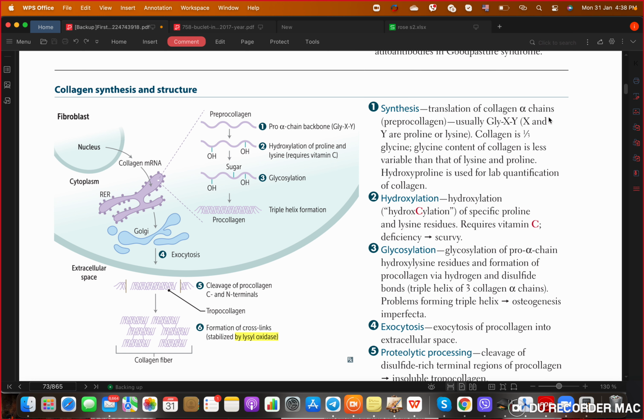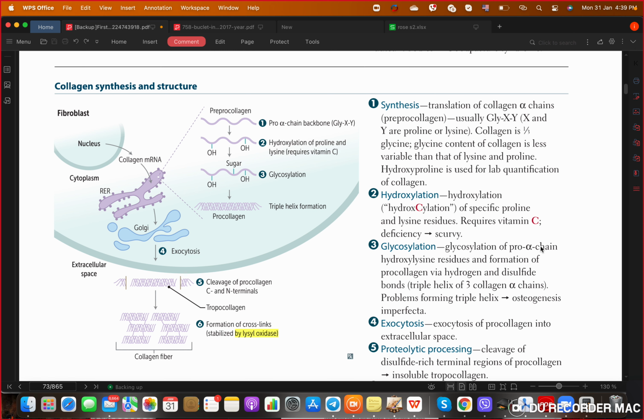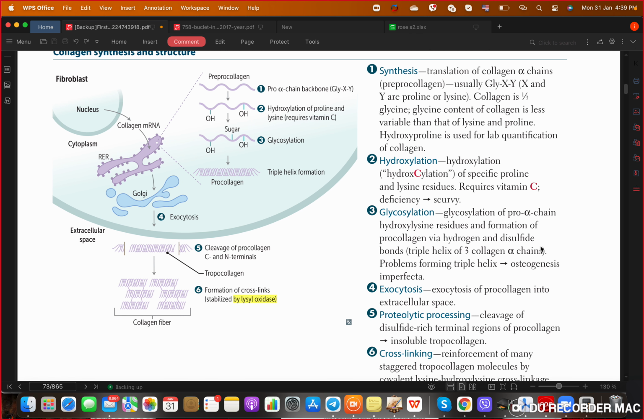Hydroxylation of a specific proline and lysine residue requires vitamin C, and deficiency of this process can lead to scurvy. Also in the UK, I saw a patient who only had tea and toast. An old lady having tea and toast every day.